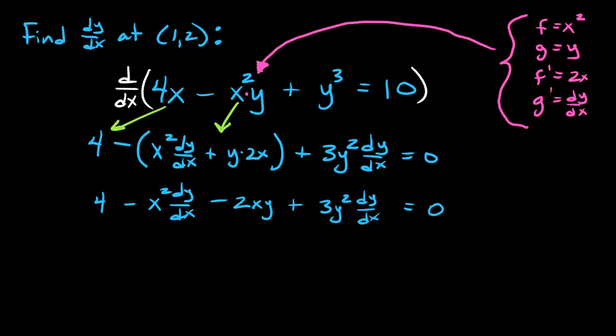I only put a parenthesis here because there's a minus sign. So I had 4 derivatives. The derivative of 4x is 4, minus the derivative of x squared y, which is the parentheses. The derivative of y cubed is this third arrow, and the derivative of 10 is the fourth arrow. The parentheses were only there because I knew I was going to have a plus sign, and the minus sign means I have to distribute it to both terms. The 4 is outside because it's not part of that second term.